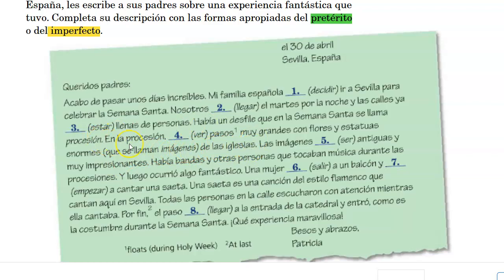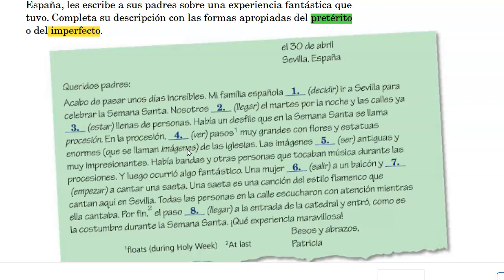So, during the procession, or in the procession, I saw really big floats. Now, the verb to see isn't describing the floats. The verb to see is saying, hey, I saw the floats. It's not describing them. It's just simply saying a completed action, to see.